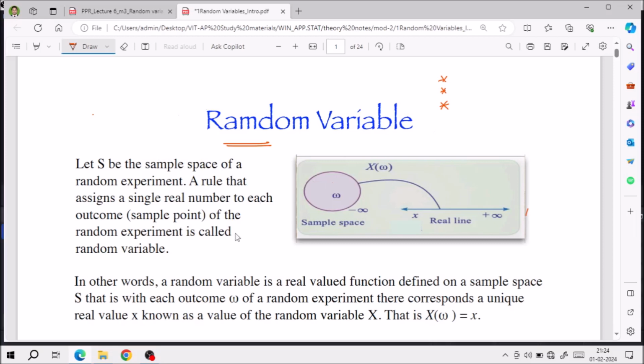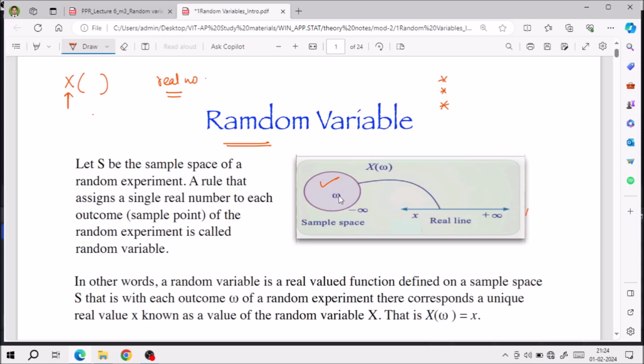Now see, first you have this bookish language, this random variable. This is nothing but one rule X, which will map each of the sample points to some real number. That means X is a mapping from sample space to the real number set. Here you can see this is your sample space and this is the real line.